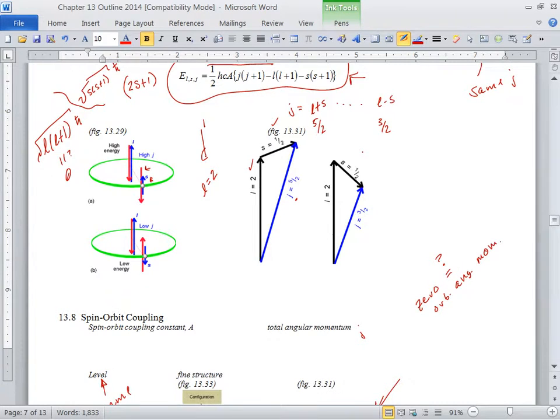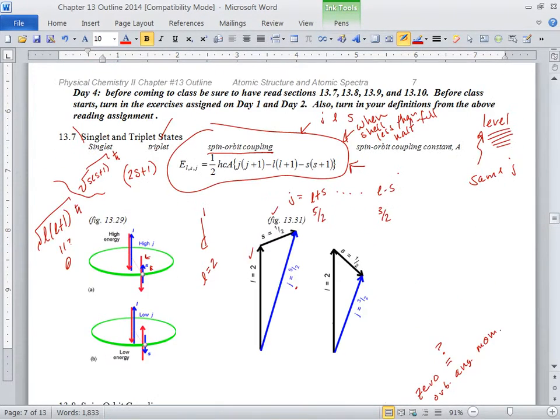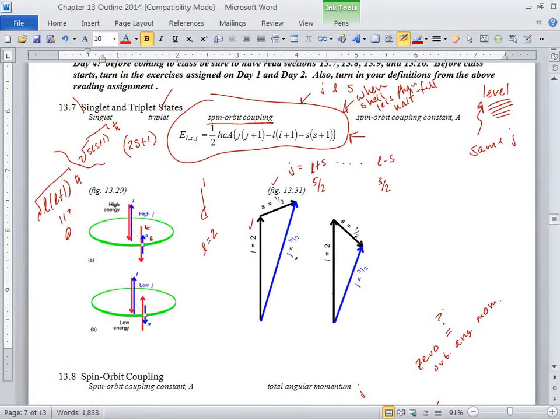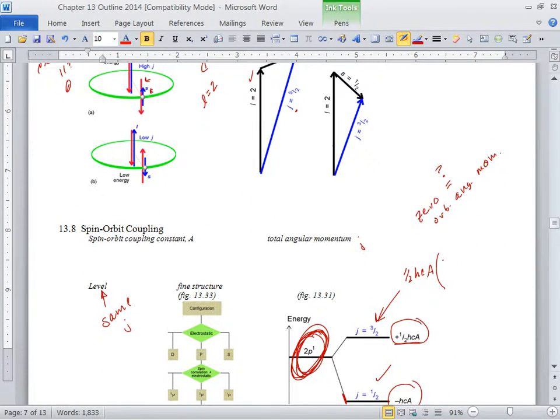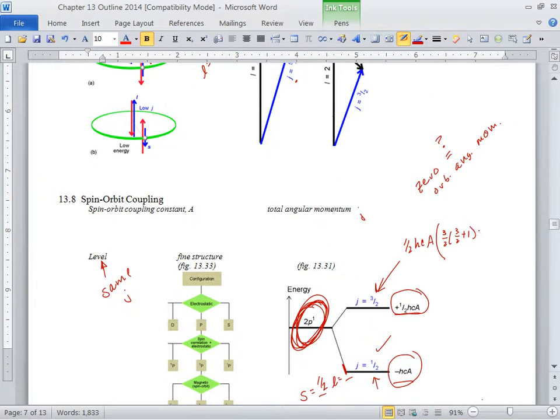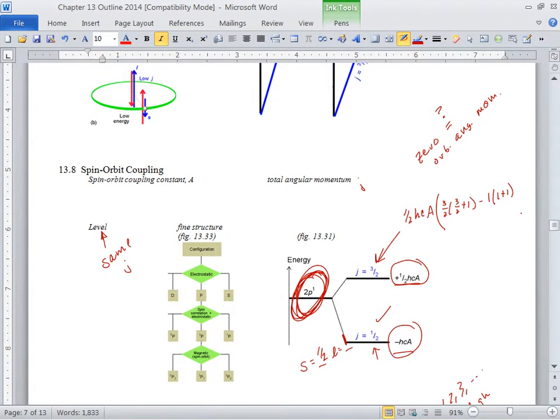So if you actually plug it in, what is it? 1/2 hca times J times J plus 1, minus L times L plus 1, where L is 1, minus S times S plus 1, which is 1/2 times 1/2 plus 1. I'm running out of space here.